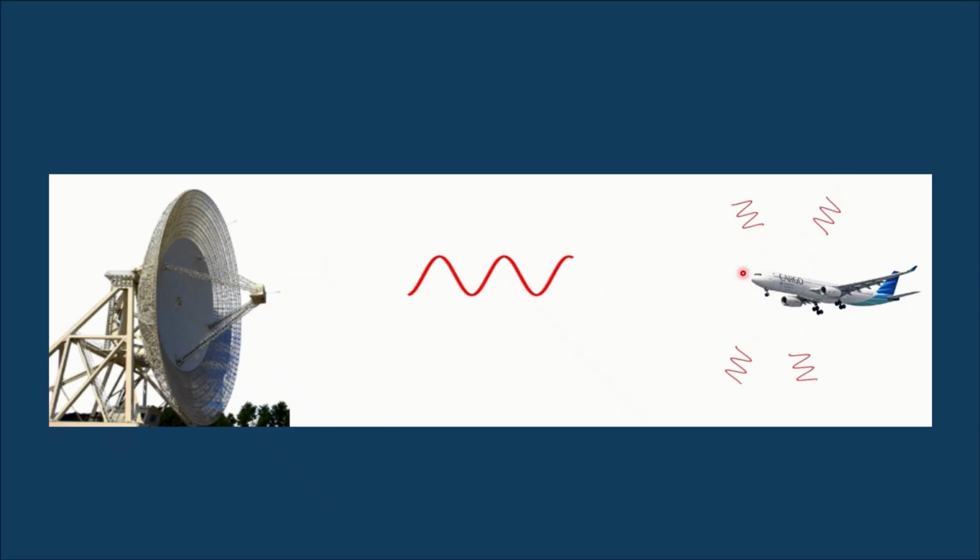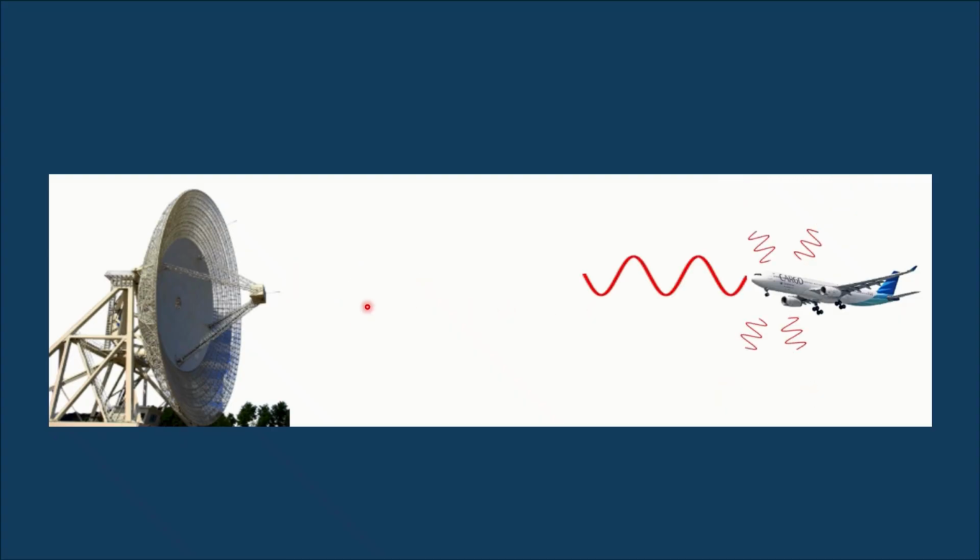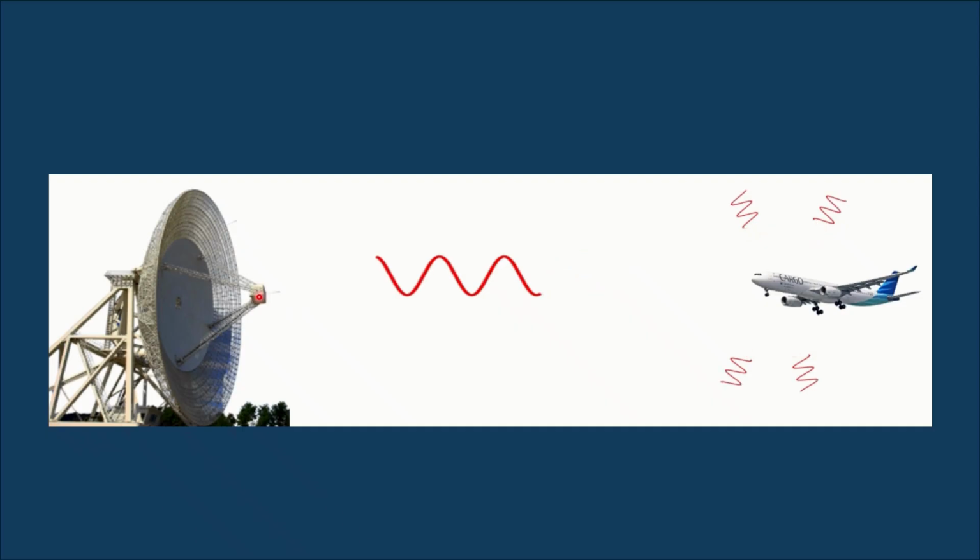The wave which comes directly back to the antenna will be processed by the antenna to find out the range, velocity, and direction. The range is mainly calculated based on the time it takes to travel from this antenna to the target and come back. That is, it calculates the range based on the round trip time.